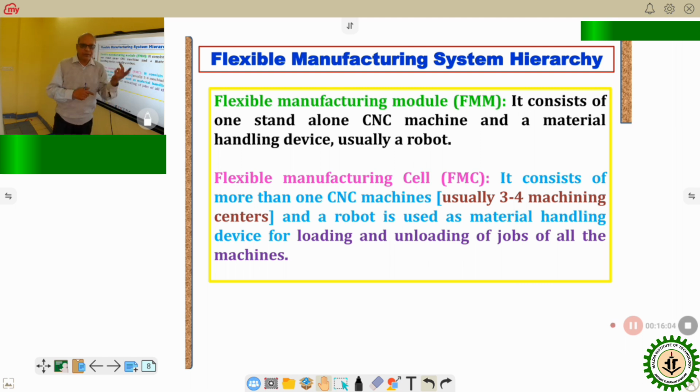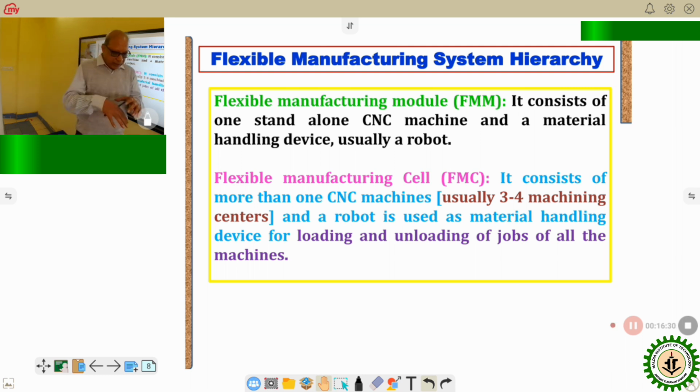So the cost of investment of the robot is not appropriately justified. To get rid of that and for better utilization, it is imperative that a robot should at least look after the 3-4 CNC machines. So that is why FMC consists of more than one CNC machine, usually 3 to 4 machining centers, and a robot is used as a material handling device for loading and unloading of jobs of all the machines.